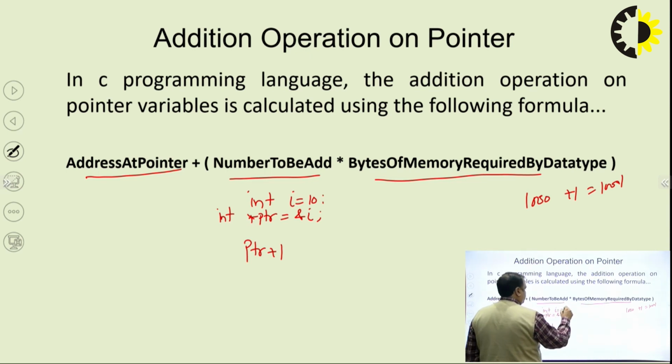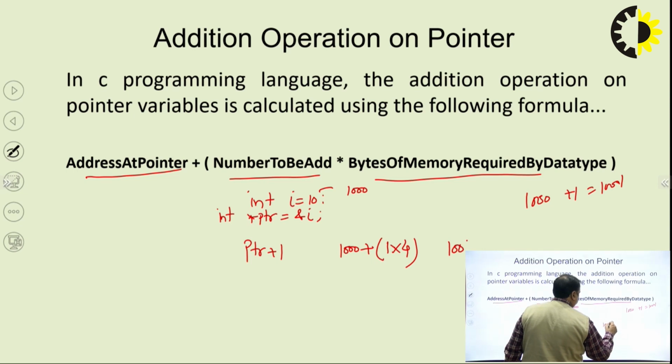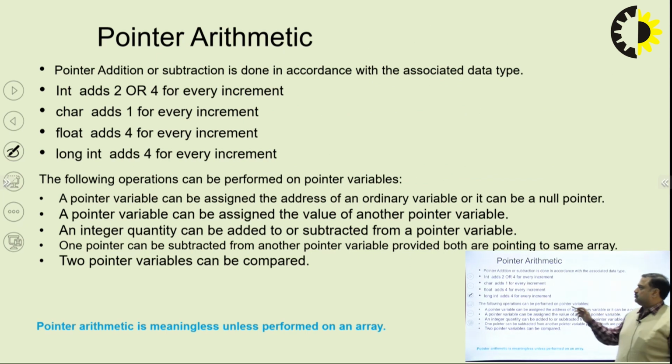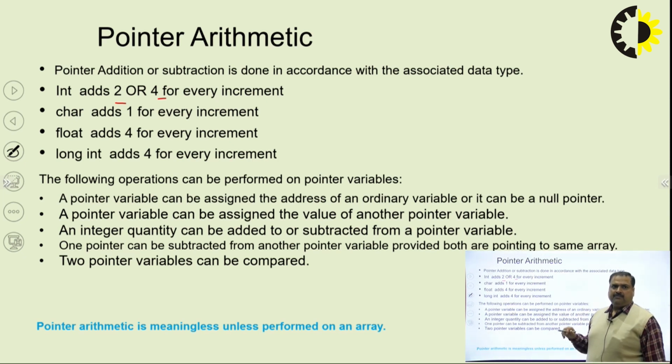If its address was 1000, then 1000 is the initial address plus the number to be added, which is 1, times the bytes requirement, which is 4 because it is an integer type. So, the next address or the result will be 1004 rather than 1001. So, if we add 1 to an integer pointer, it will add 2 or 4 for every increment. If we add to a character type pointer, then it will add 1 for every increment.